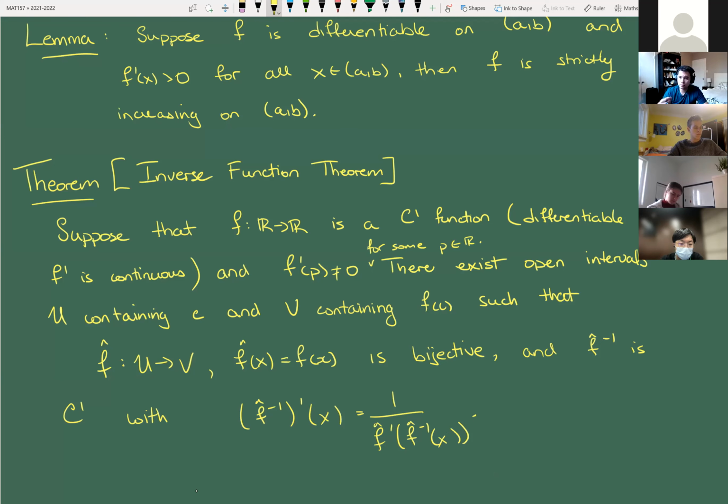I'm just trying to be consistent with this idea that sometimes we think of the inputs for the inverse function being Y's. It doesn't matter though, right? You kind of call them what you want.